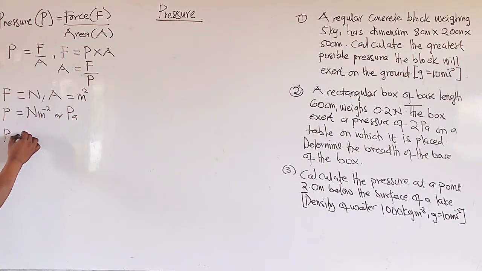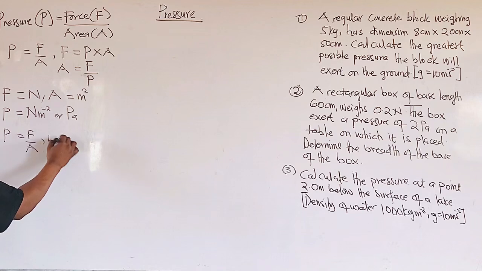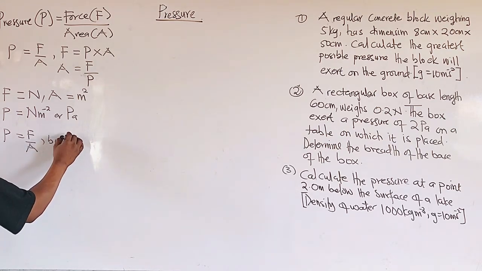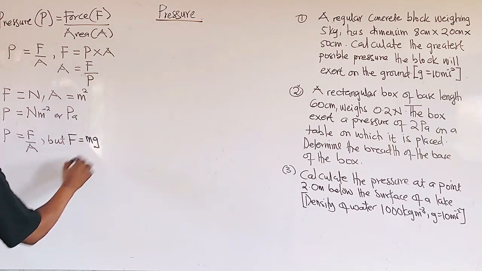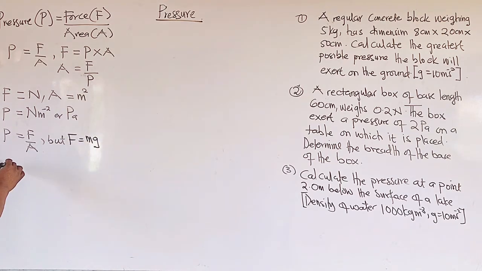Now, if pressure is equal to force over area, as we can see on the board, there are some instances where our force will not be given to us. So mathematically, force can be given as mass times acceleration due to gravity. Therefore, our pressure will be equal to mass times acceleration due to gravity, divided by area.